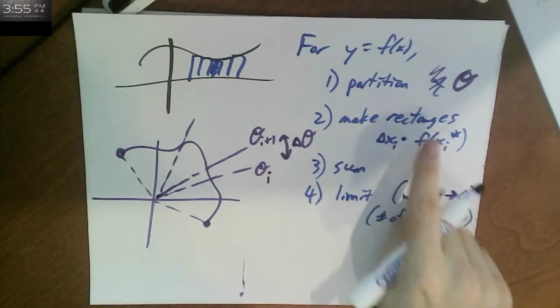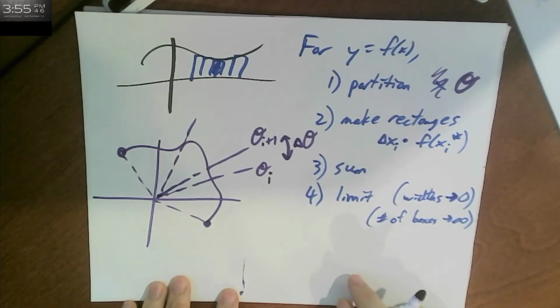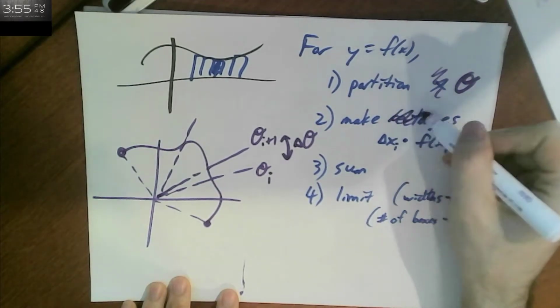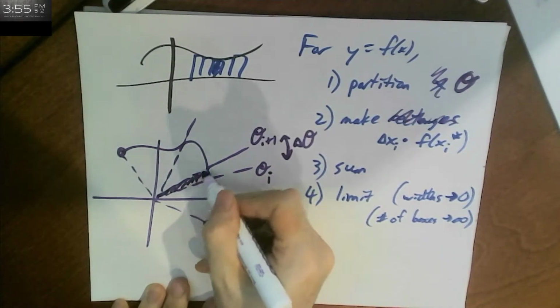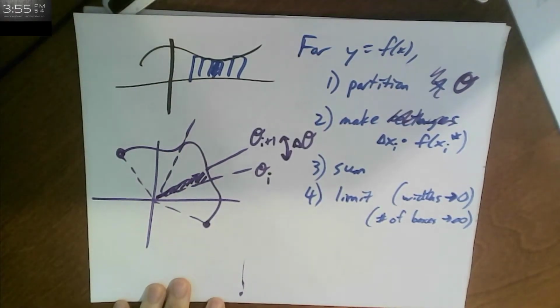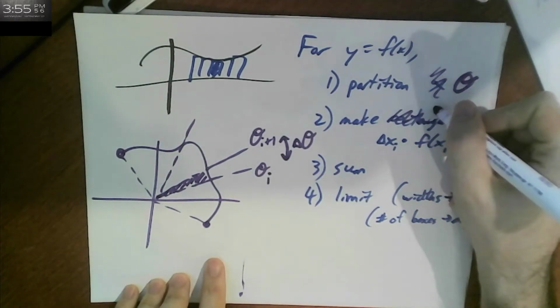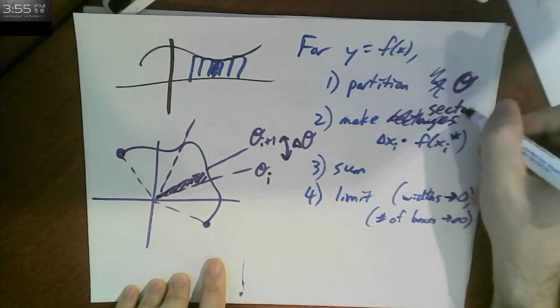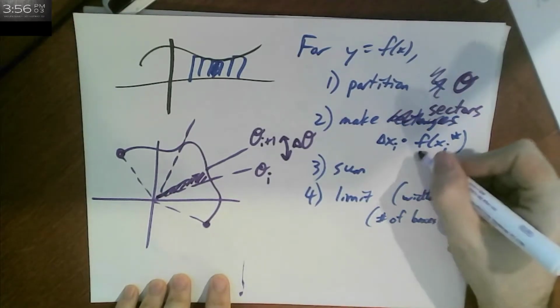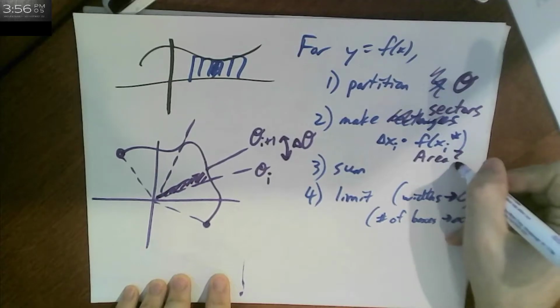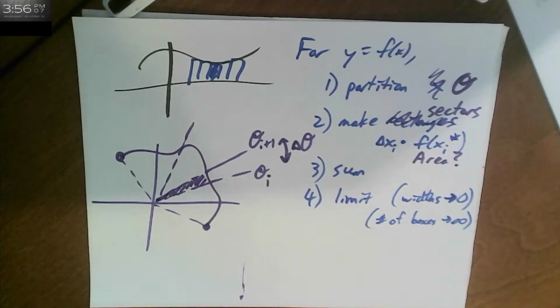Step 2, we're going to make rectangles. Well, they're not rectangles anymore. Now they look like this. Now they are sectors. And the question is, what is their area? We've got to figure that out. Before it was easy: a rectangle was width times height.